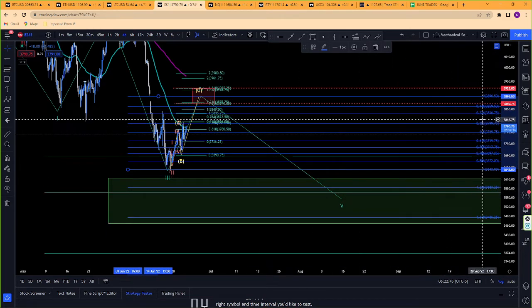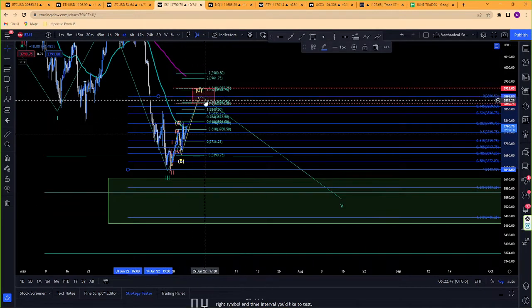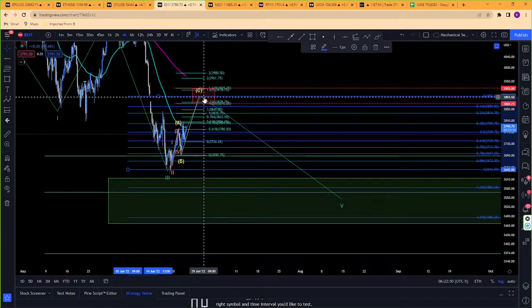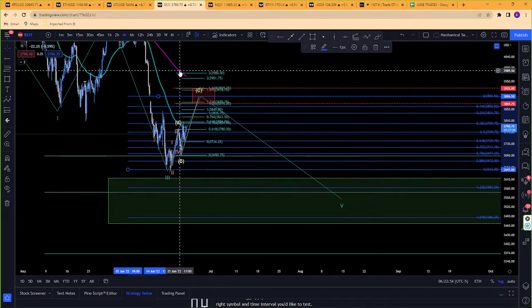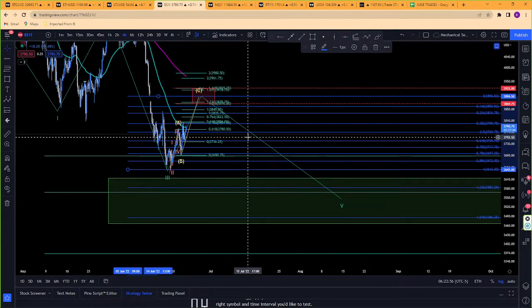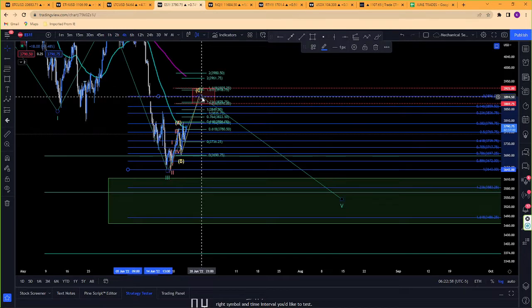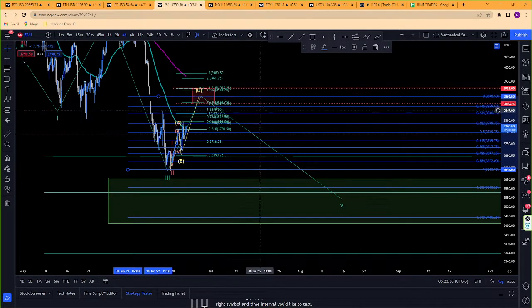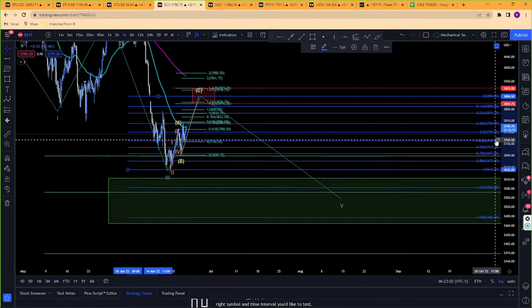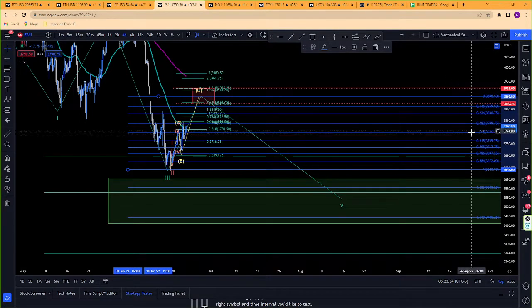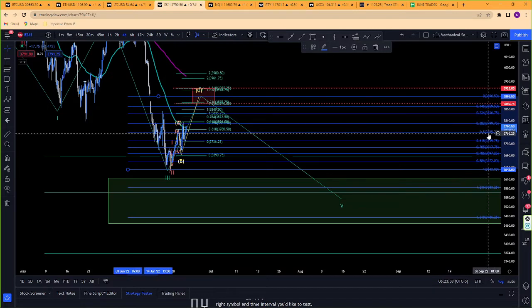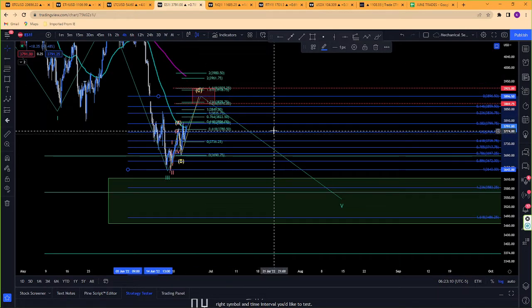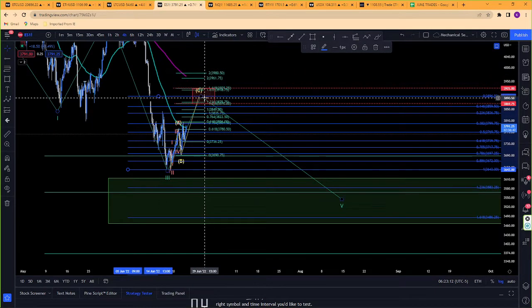So here's what I would say as my targets for ES once we get this rejection here. It's really simple because I don't do multiple targets in this like I do in crypto. When this goes somewhere, it goes somewhere. So basically, we're going to take 25% of the position at 37.69 after we short it, and at this point, we're going to move our stop loss to entry.